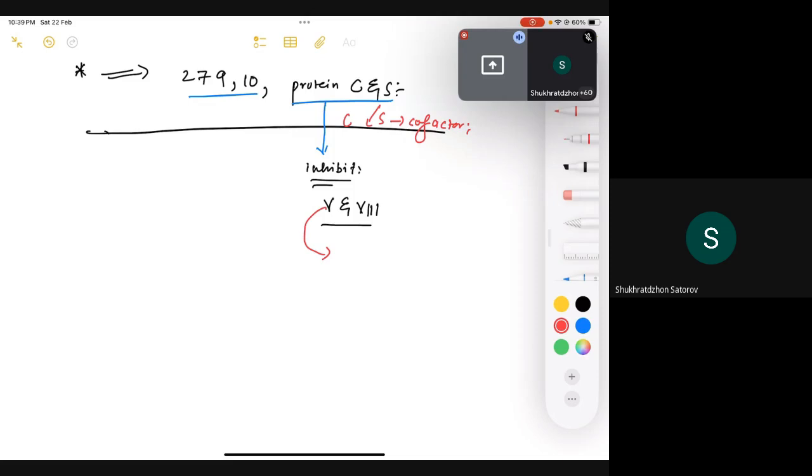We'll be discussing that in detail. But the idea is that due to genetic mutations or genetic problems, protein C cannot inhibit or inactivate factor 5. If something happens in the genetics of factor 5, it leads to an inability of protein C to inhibit factor 5.